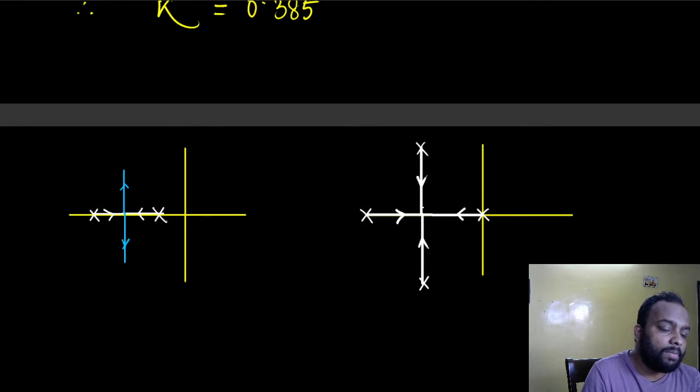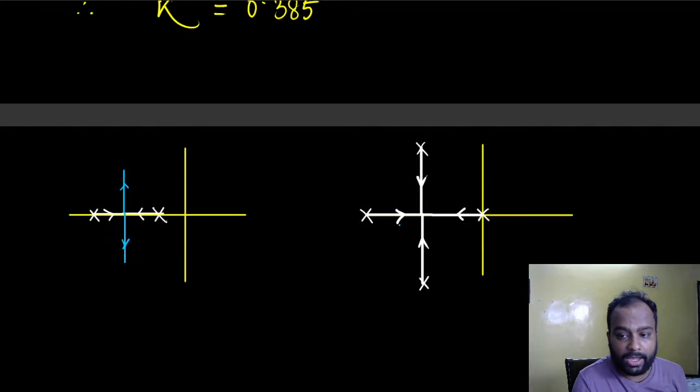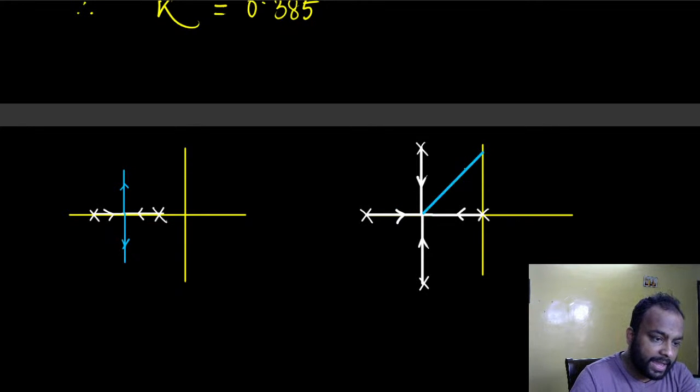And they all meet at the same point at the same value of gain k. This is the breakaway point where you have four roots meeting each other, and here the breakaway will happen this way so that the symmetry is preserved.